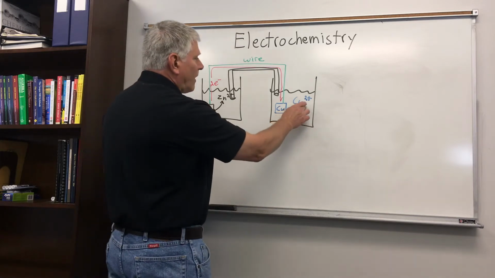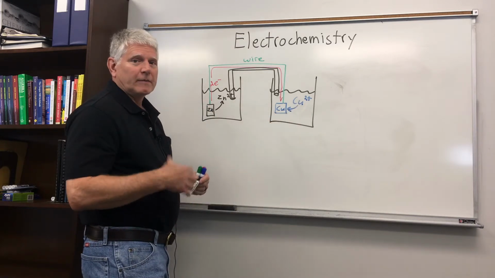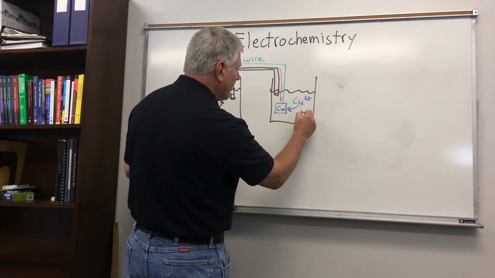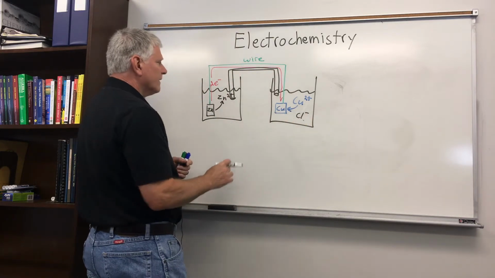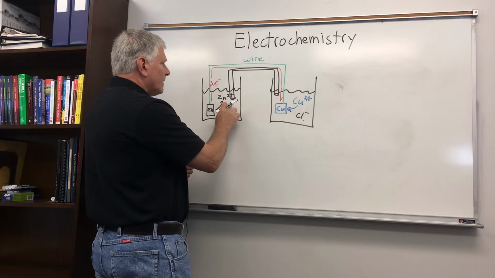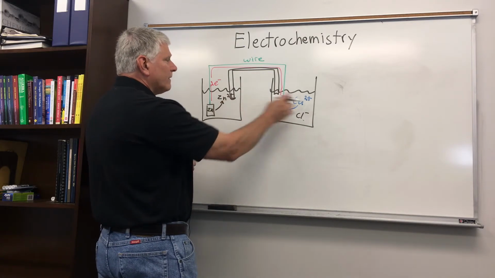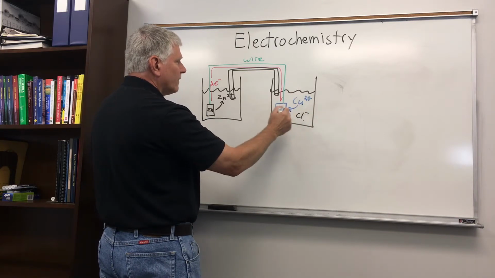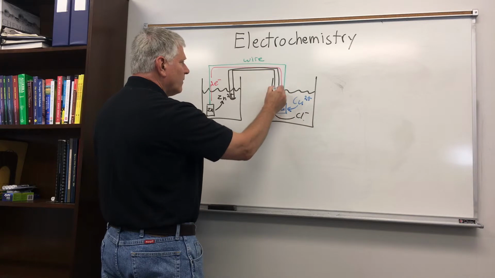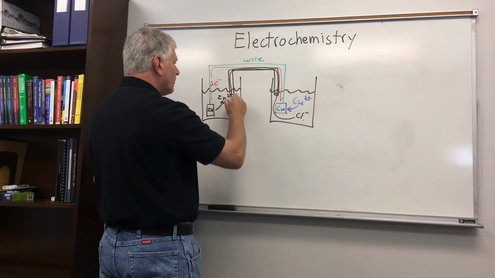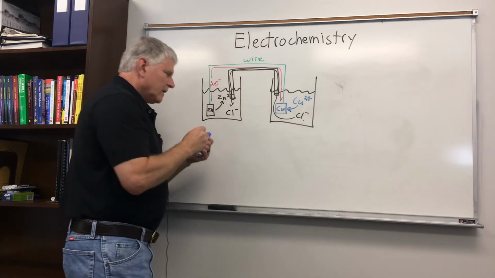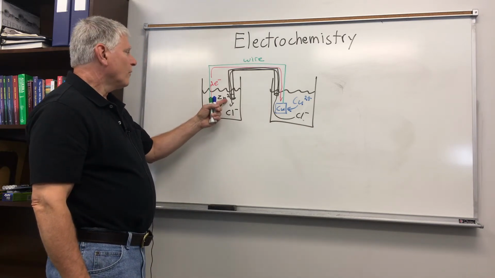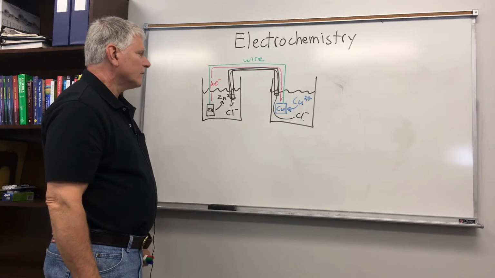So if I have copper 2+ in solution over here, I'm going to have some kind of negative ion. So say if I had chloride minus ions here, now I have zinc 2 plus building up here, but the pluses are being consumed here, and so the chloride will flow through this salt bridge to the left beaker to balance the 2 plus charge that's forming with the zinc reaction.